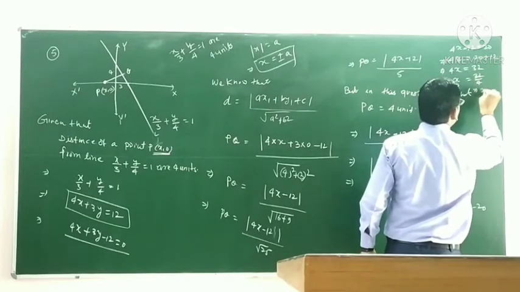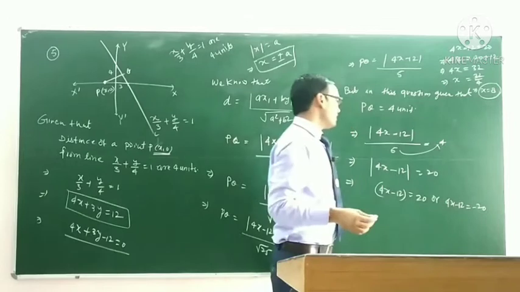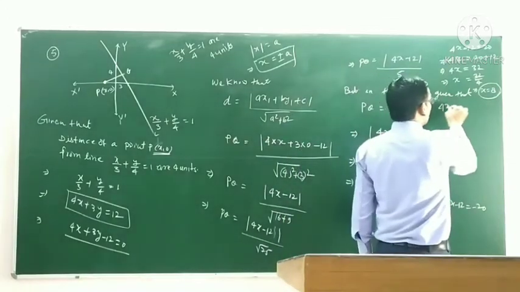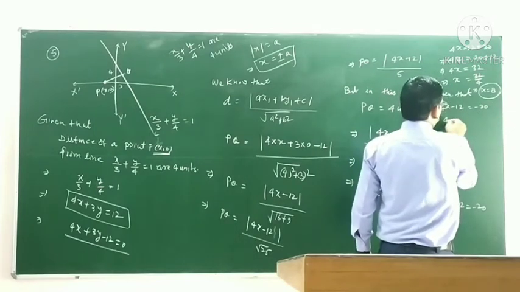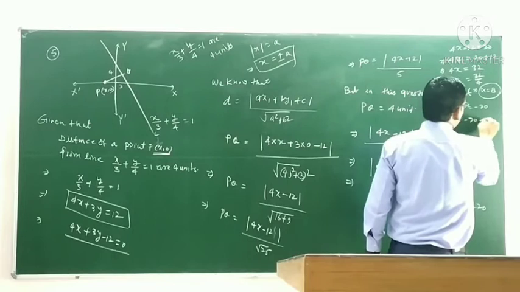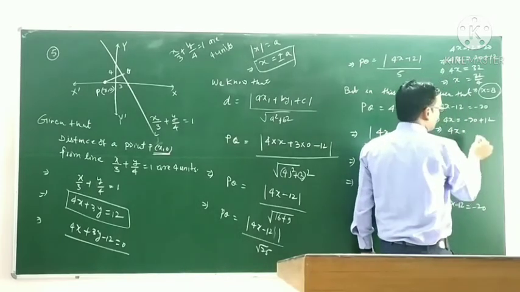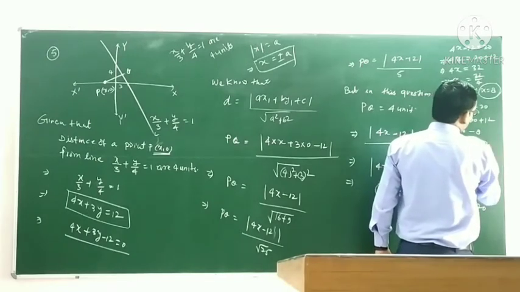This implies that x equal to 8. Okay, students, again we solve this equation, 4x minus 12 equal to minus 20. This implies that 4x equal to minus 20 plus 12. This implies that 4x equal to minus 8. This implies that x equal to minus 2.